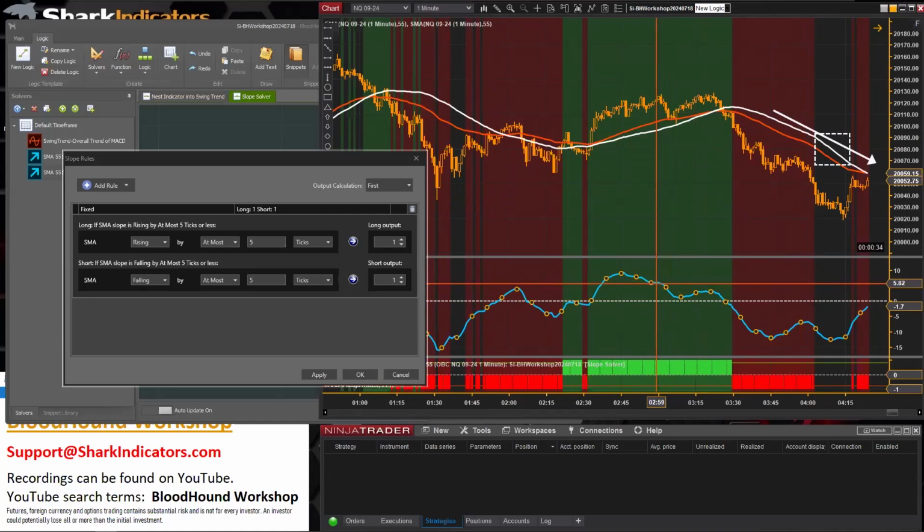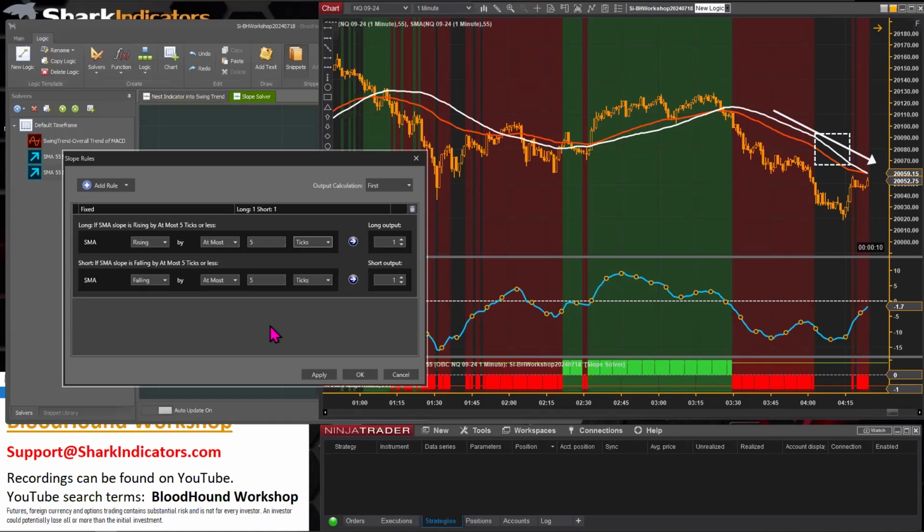The MACD doesn't have a tick size. It just has its own value system. There's no tick size for the MACD or the momentum or the stochastics. So from that standpoint, you'd want to use points, and I'm going to do some examples of that later on.